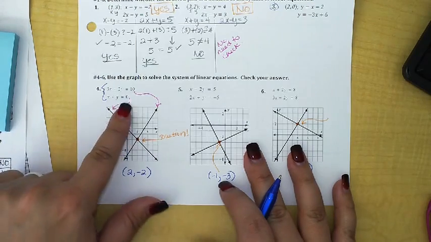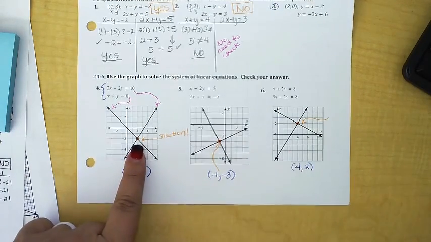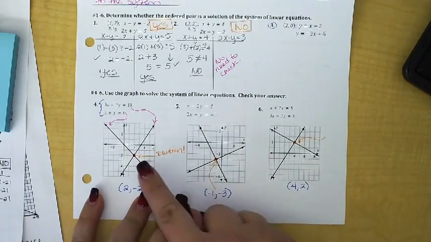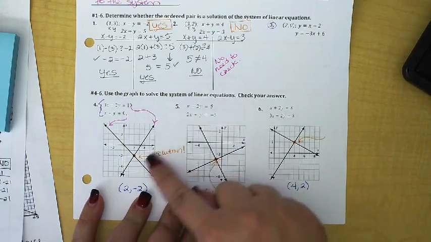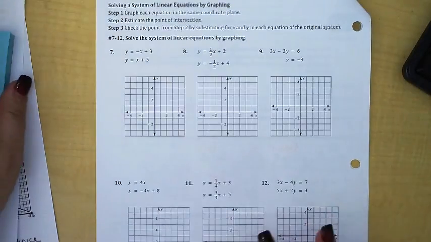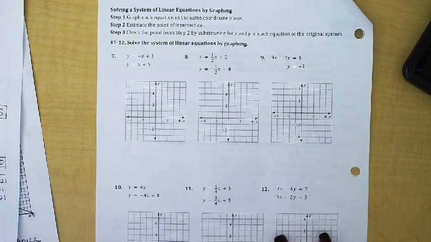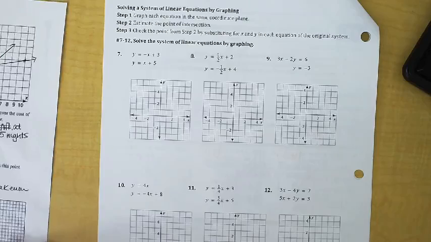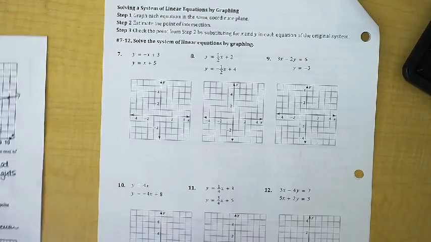We know that in a system of equations, we're looking for the point of intersection. Okay. Now they were really nice here. These were nice, easy examples because they had already taken the system and graphed it for us. But we know we're going to lead up to where we have to graph our own. So here you have a step-by-step guide to remind you, if that helps, how we're going to do that.